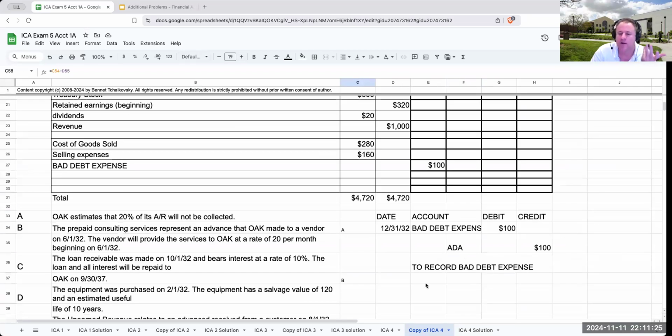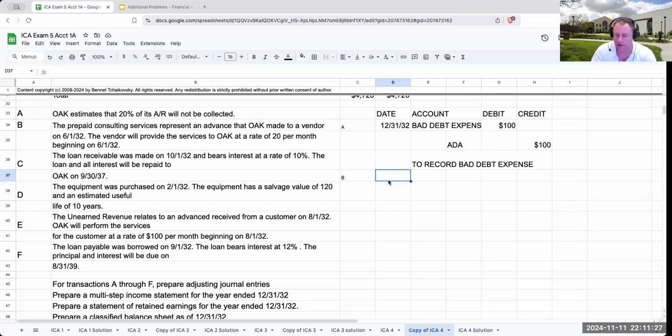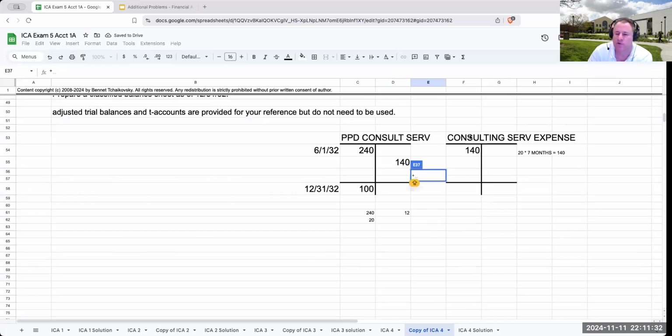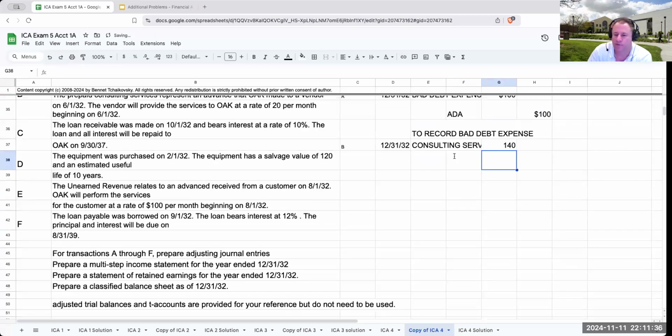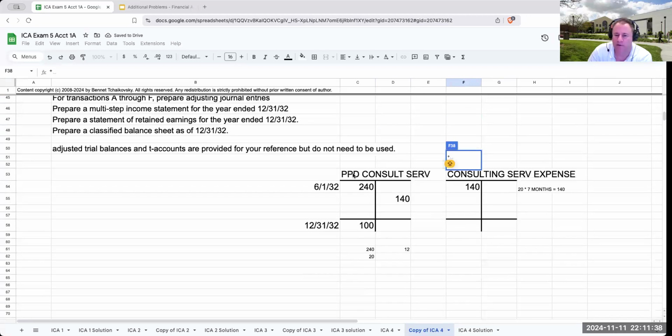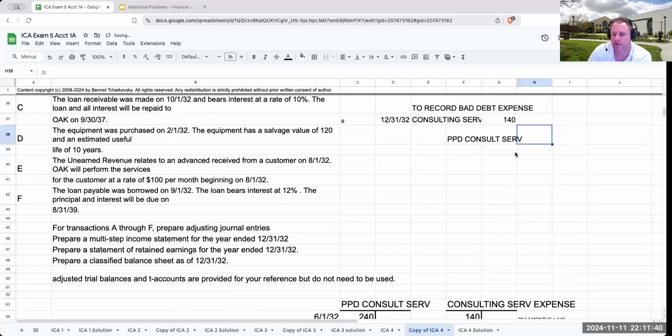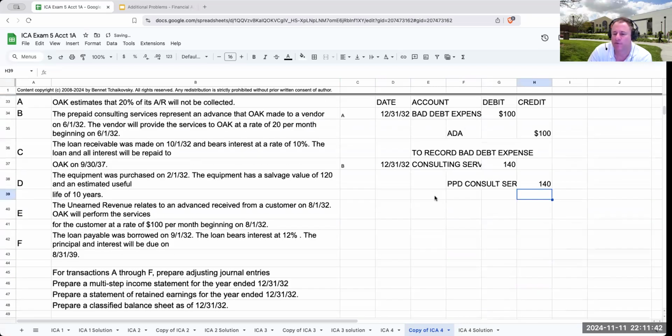is 100. So over here on 12/31/32, I'm going to debit consulting services expense for 140. I'm going to go ahead and credit prepaid consulting services for 140. And this is going to be to record consulting services expense.